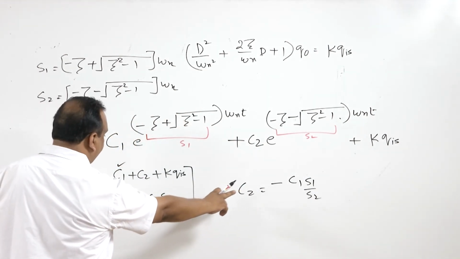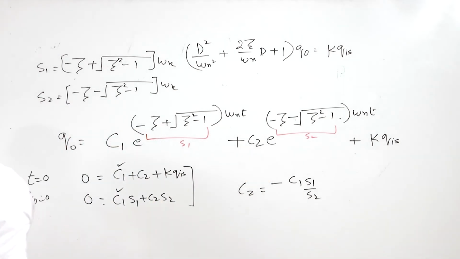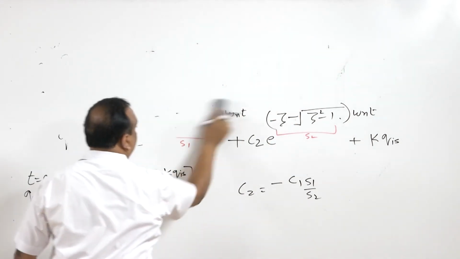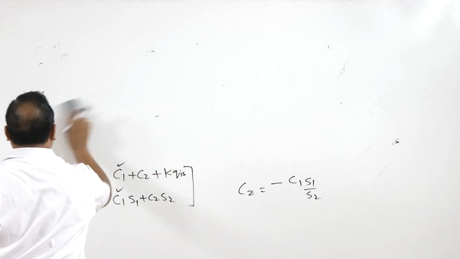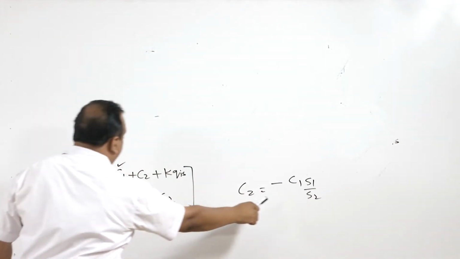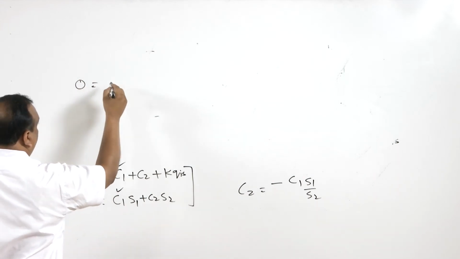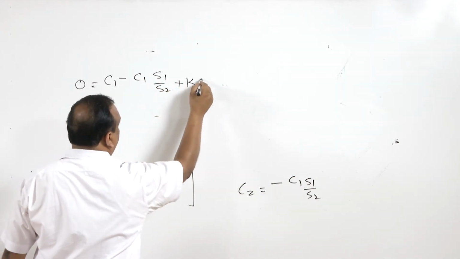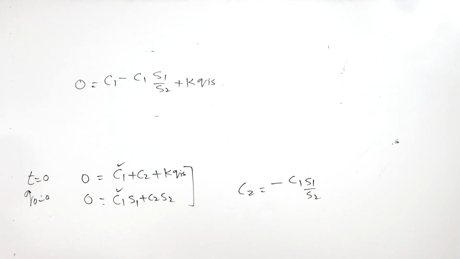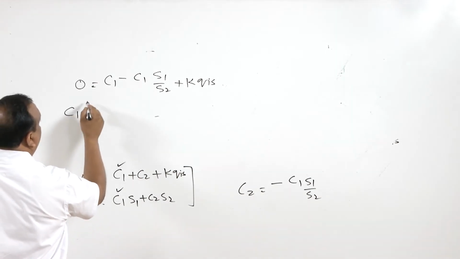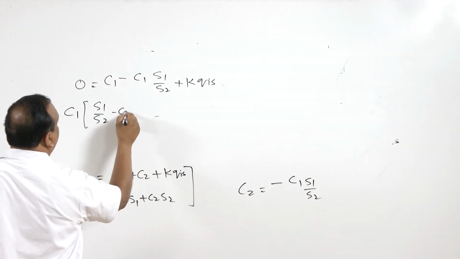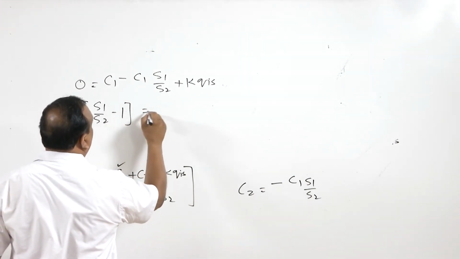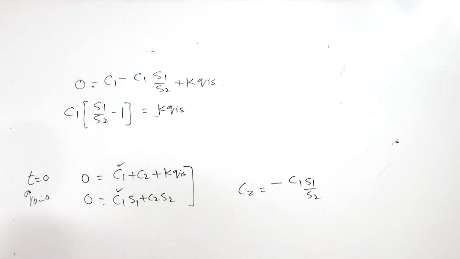We put the value of C2 here, and we get 0 is equal to C1 minus C1 S1 by S2 plus KQIS, or C1 times S1 by S2 minus 1 is equal to KQIS.